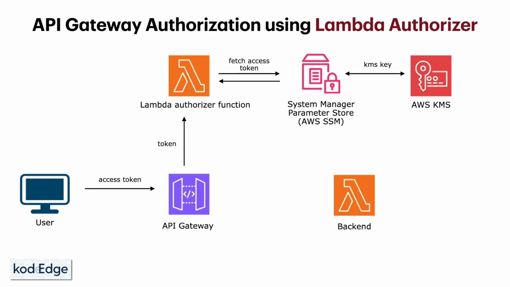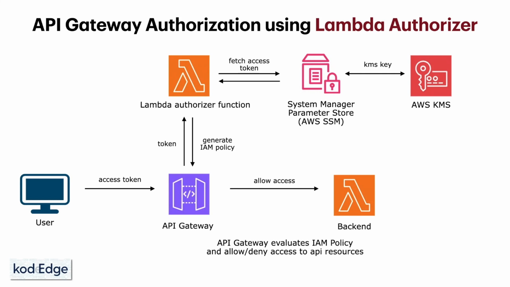Based on this, the Lambda authorizer will generate the IAM policy. This IAM policy will contain the effect as allow or deny access to the backend service. Now API gateway will evaluate this IAM policy and decide to allow or deny access to the API resources, that is, to our backend service.